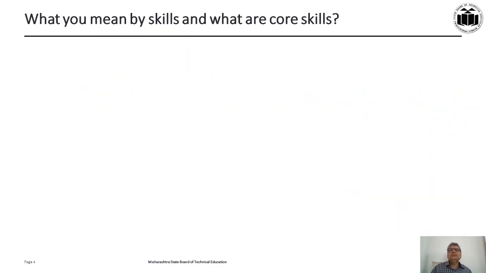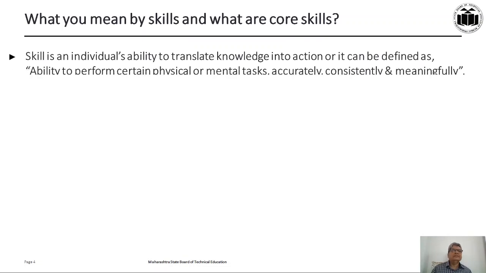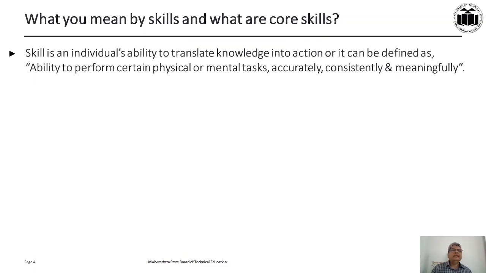So we'll understand now what you mean by skill and what are core skills. Now skill is an individual's ability to translate knowledge into action. So it is an ability of an individual to translate the knowledge he has into action. So only knowledge is not enough. You must be able to translate it into actual action, actual practice.